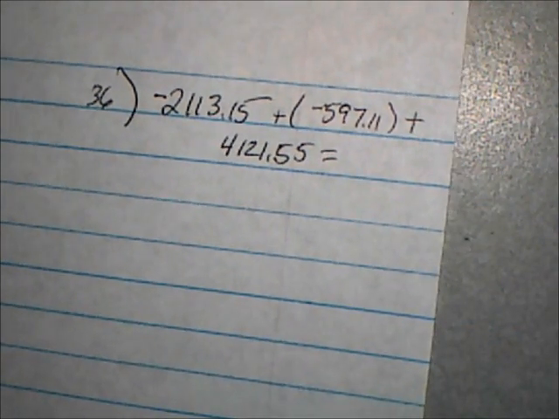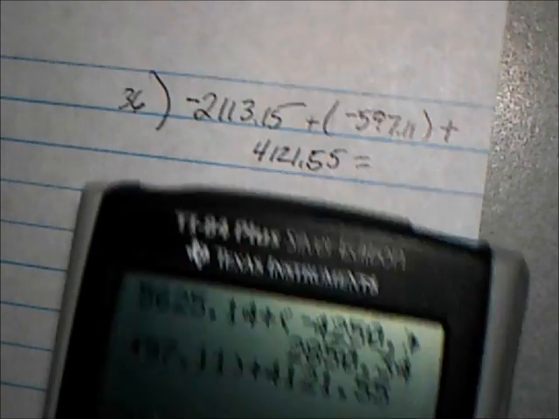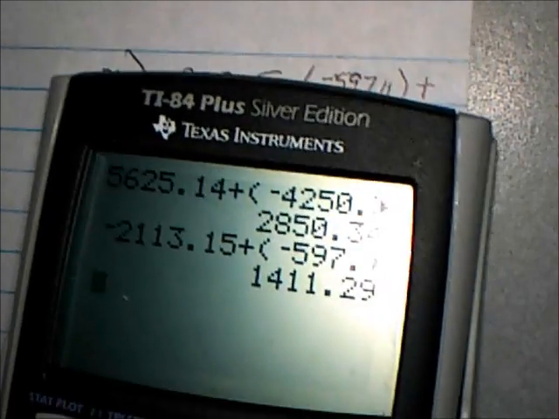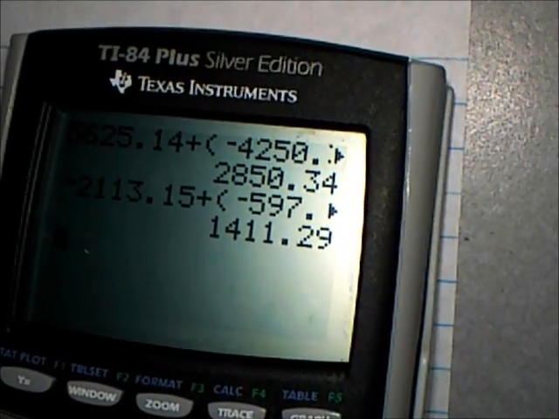1 million? No, not sure. Did you forget a decimal? It shouldn't be a million. What are we coming up with? Must have hit it wrong. Did you multiply?